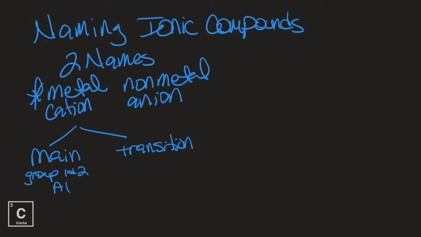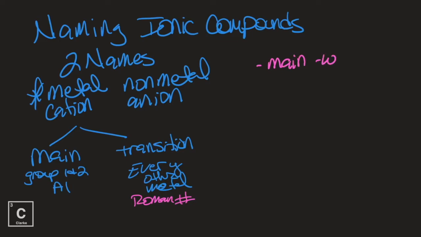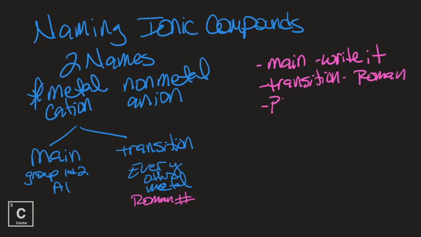Transition metals are going to be every other metal. Those are going to need a Roman numeral. If you have a main metal, I like to say we're just going to write it. I'll tell you what that means in a sec. If you have a transition metal, we need a Roman numeral. And if you have a polyatomic ion, again, we're just going to write it. Let me show you what I mean by that.